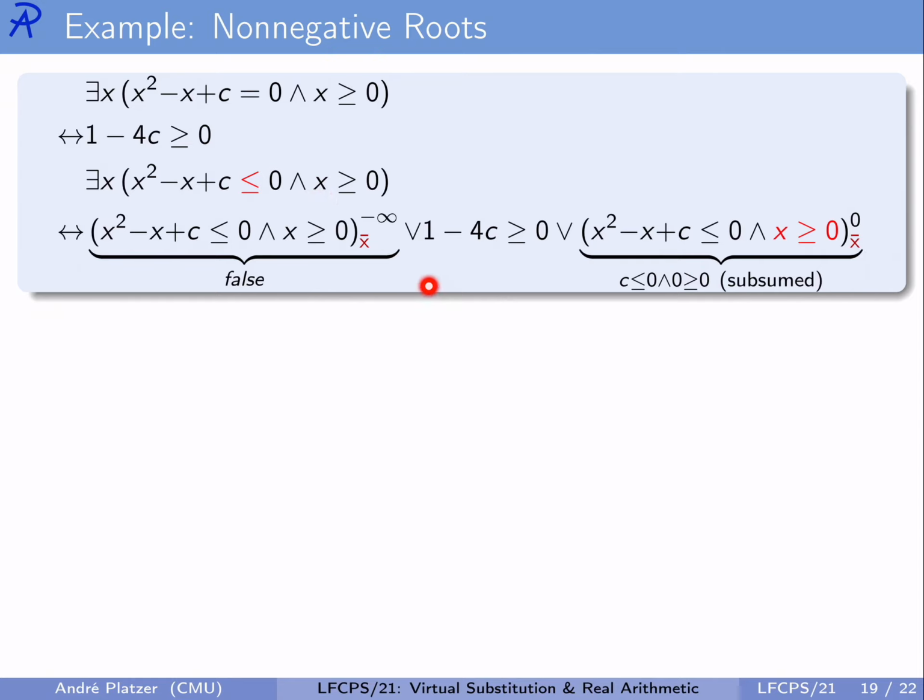And if we plug in 0, whether it will solve that side depends on the sign of c, but the point is, this will give us back precisely whether c is less or equal 0, and c less or equal 0 is already subsumed in this condition, because this condition is equivalent to 1 is greater or equal 4c, which is equivalent to 1/4 is greater or equal c, which implies that if c is less or equal 0, then that condition is also true.